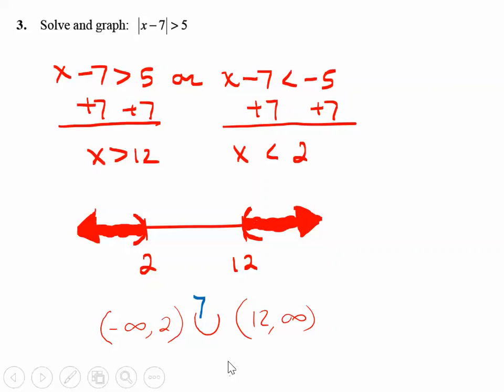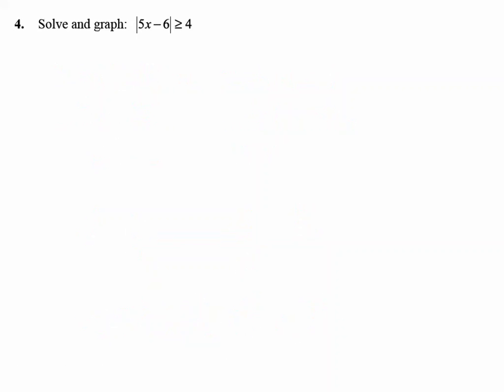All right, with the next one, I'm going to skip that part right there. Let's go on to here. Okay, all yours here from beginning to end. Can you solve it? Can you graph it? And then also, can you give it to me in interval notation? This is your practice item here.